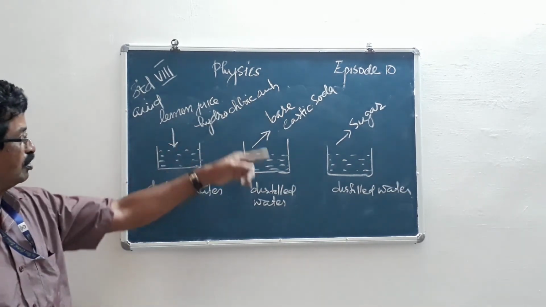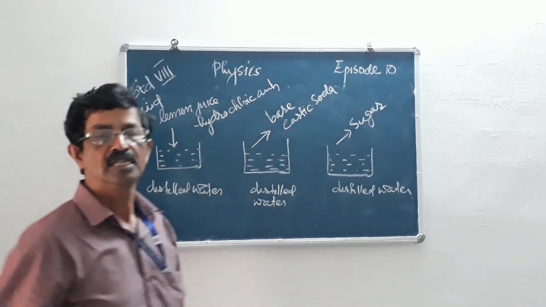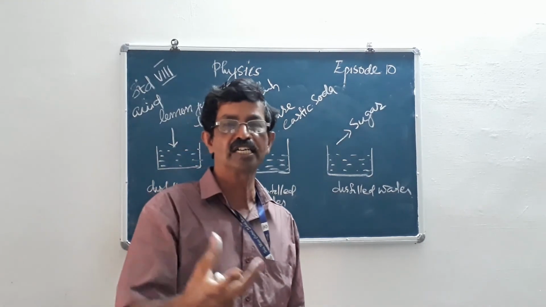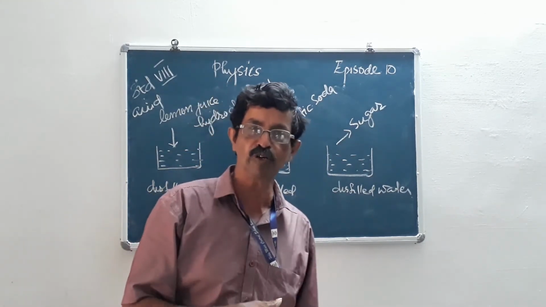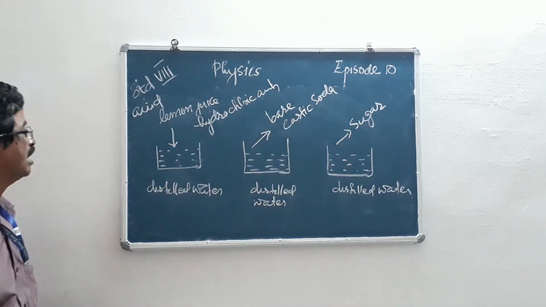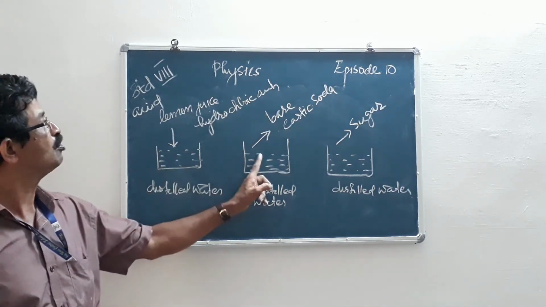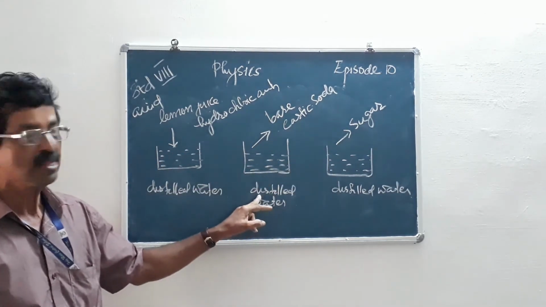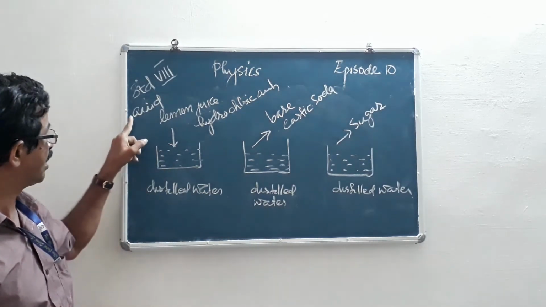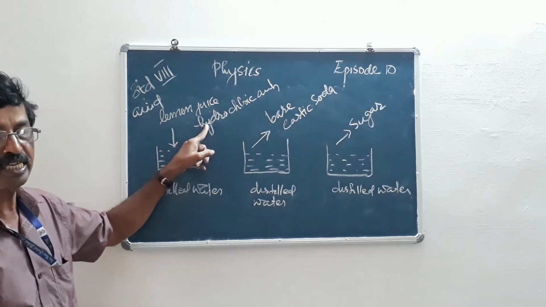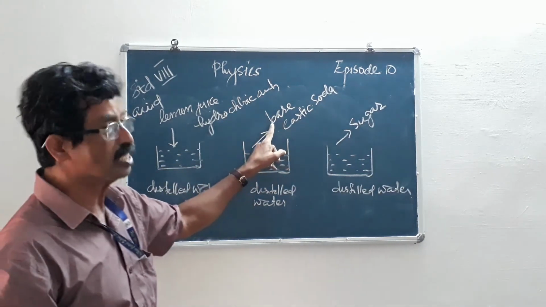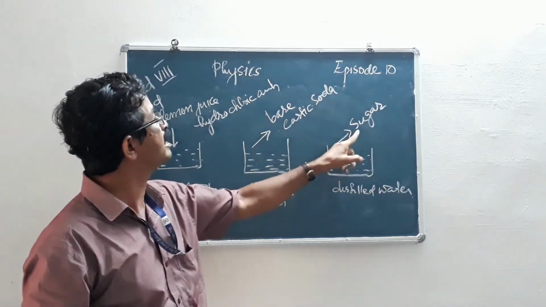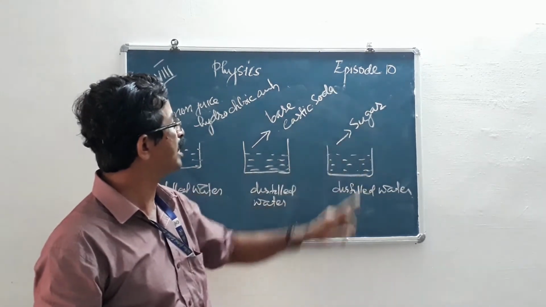The activity we are going to do is to find out whether distilled water becomes a conductor when we add any substance to it. In the first cap we add an acid such as lemon juice or dilute hydrochloric acid, in the second a base, for example caustic soda, and in the third some sugar.